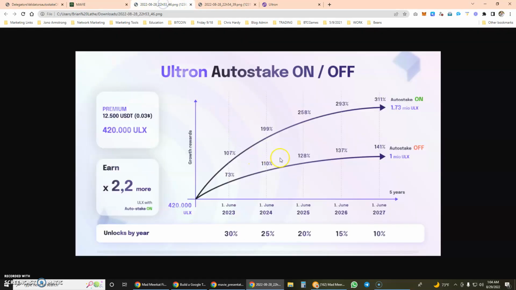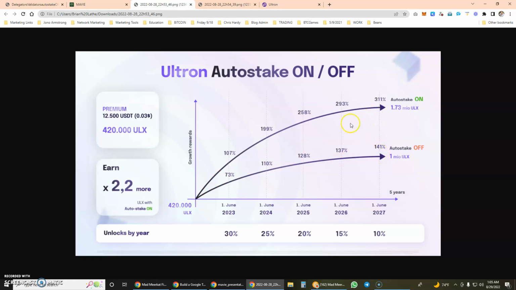So this would be the low end due to auto staking being off. Now, if you kept auto staking on the whole entire time for 5 full years, you'll be able to follow this high trajectory. If you turn it on and off, you're going to be somewhere in the middle. If you keep it on half the time, you'll probably be right about in the middle. If you're off most of the time, it'll be closer to the bottom.